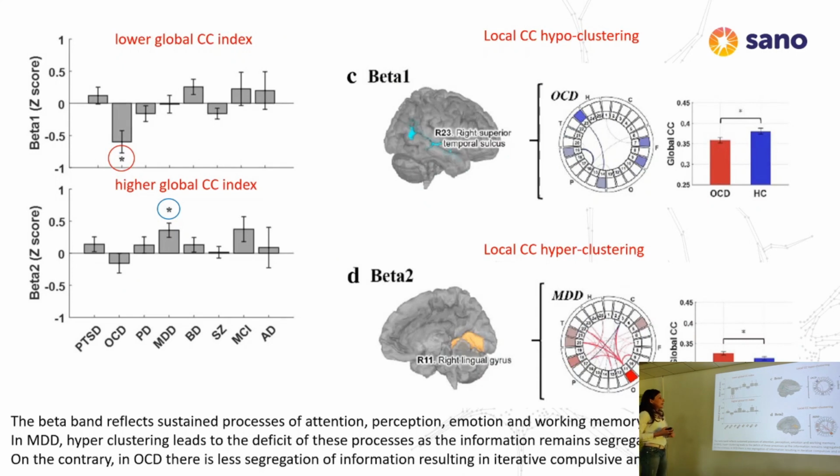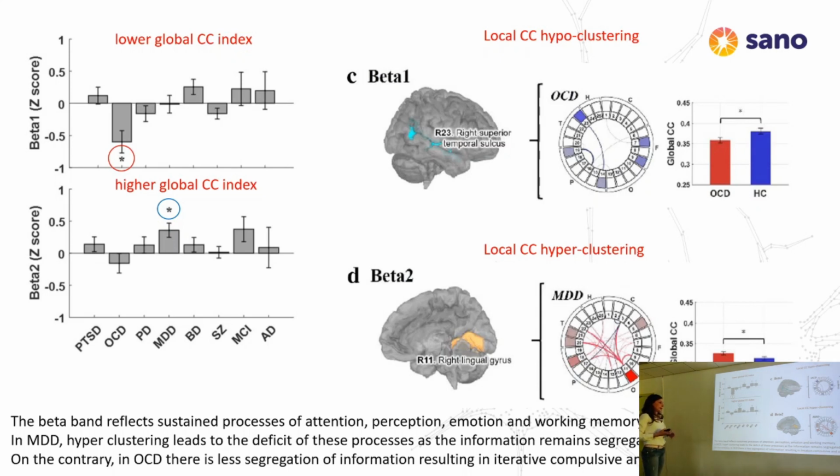And in the beta-1 and beta-2 bands, a lower clustering coefficient was shown for obsessive-compulsive disorders and a higher clustering for major depressive disorders. The beta-2 oscillation reflects sustained processes of attention, perception, emotion, and working memory.